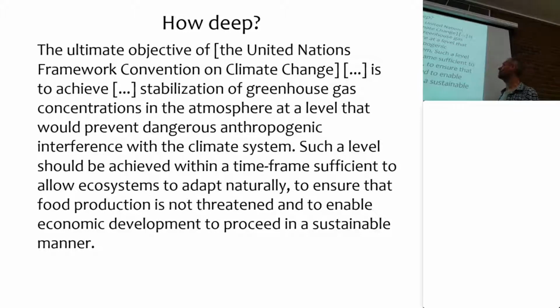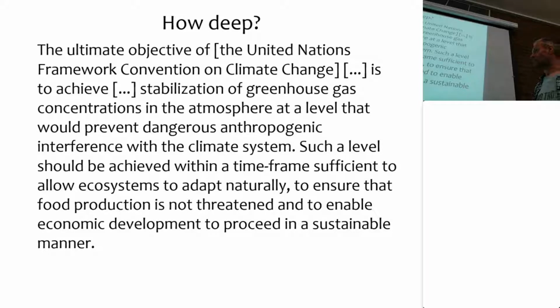So this is language from 1992, and it is very hard to disagree with this. We don't want to do dangerous things, I guess we all agree, and it's not just any danger that we're talking about, but it is actually specified in the second sentence.